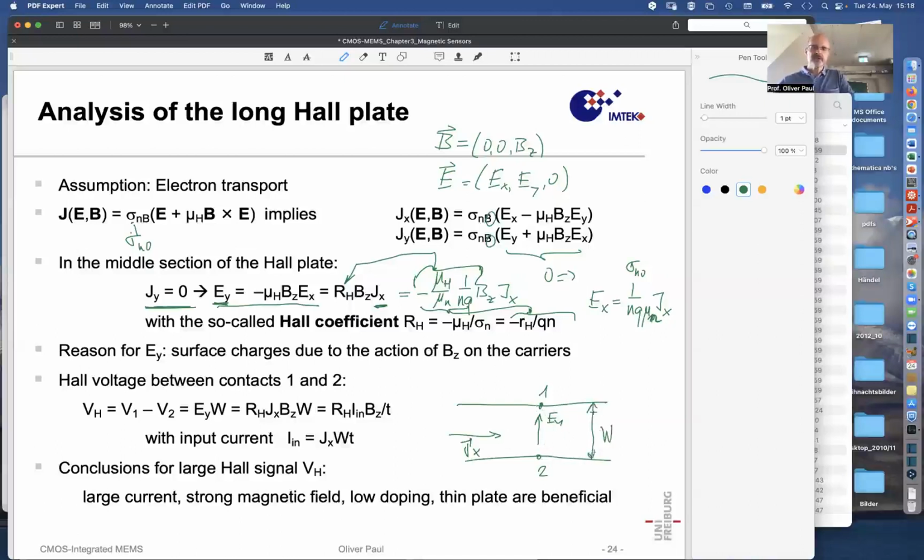Electric field times length for a homogeneous electric field is equal to the voltage difference. And then we can insert for EY the result we just had. So RH times JX BZ times W, or we can write that again in a more complicated way by multiplying this with T, and then dividing it also by T.